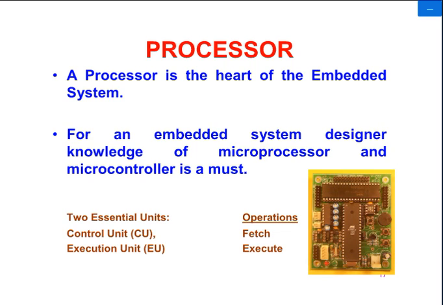And there are two essential units. One is control unit and the other is execution unit. The function of control unit is to provide the interconnection between its input, output and the interface, accumulators, registers, etc. in a planned manner.